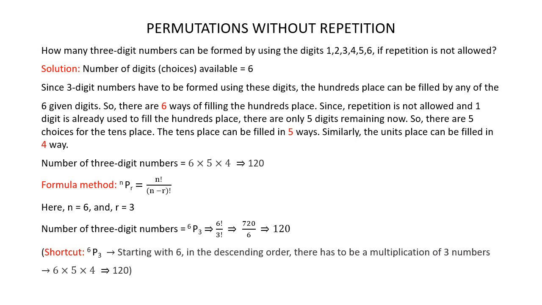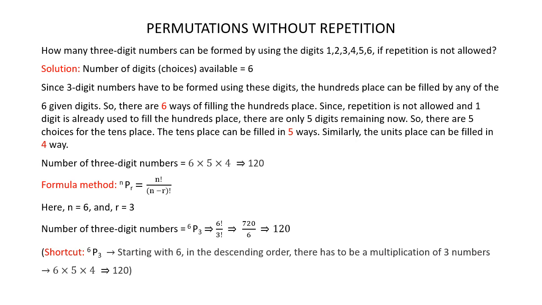Similarly, since repetition is not allowed and one digit is already used to fill the hundreds place and one digit is already used to fill the tens place, now we are left with only 4 digits. So there are only 4 choices for the units place. So the units place can be filled in 4 ways.